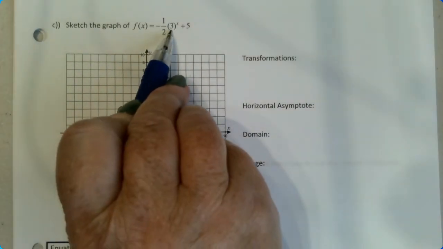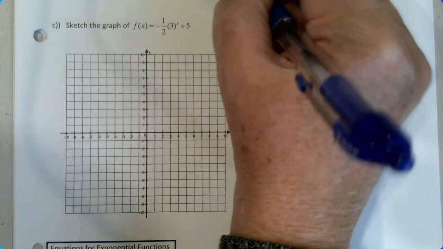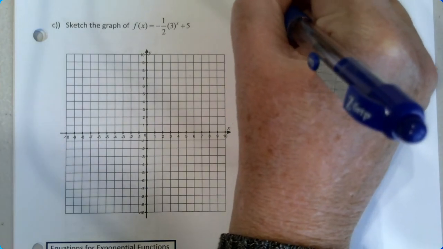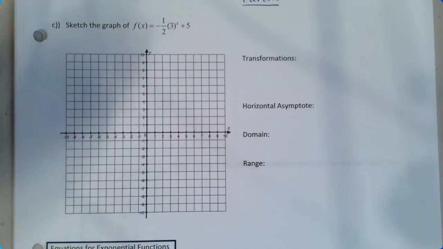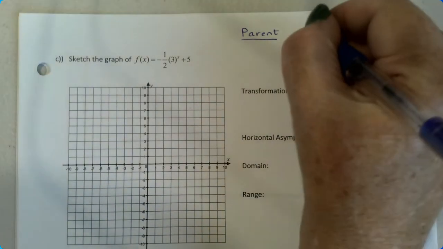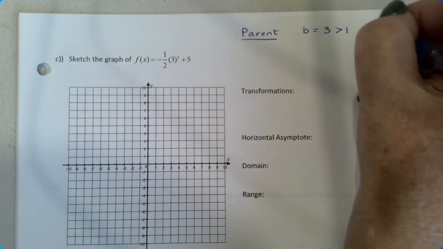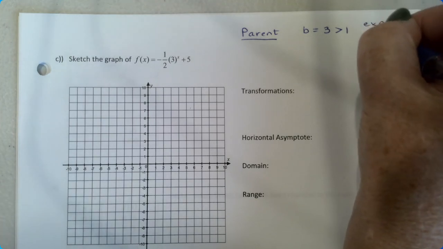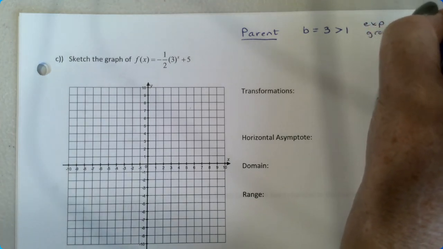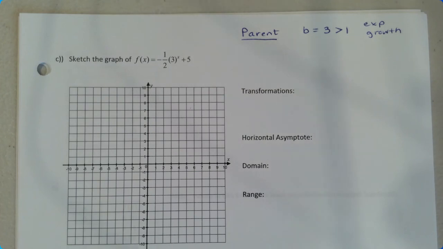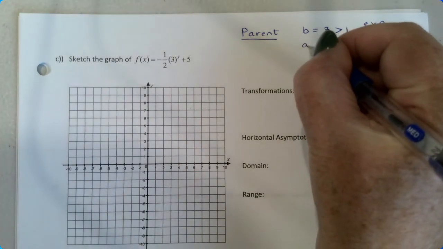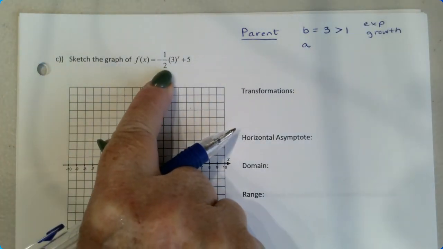So notice the base here is 3. So if I add some information about my parent function up here, base is 3. Since that's greater than 1, we're back to exponential growth. The a value is 1/2.